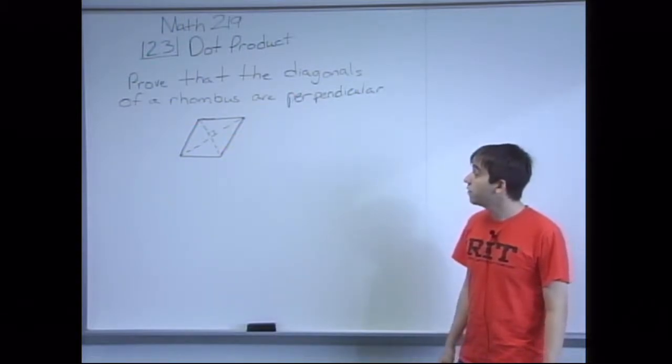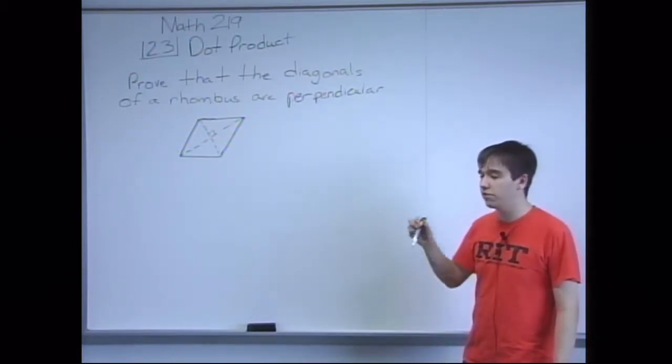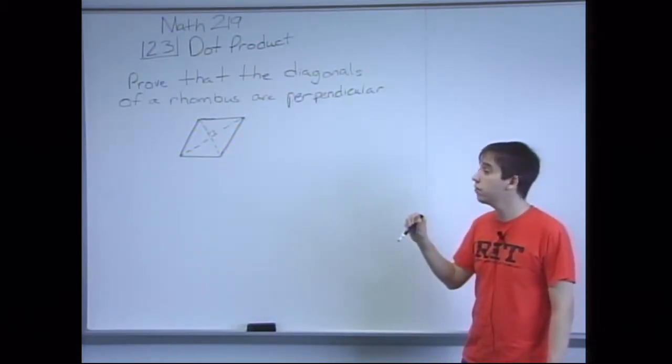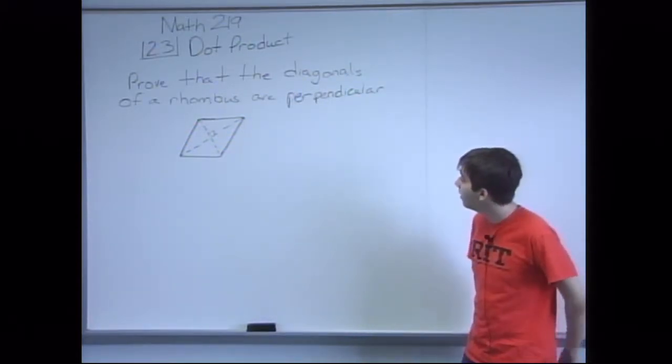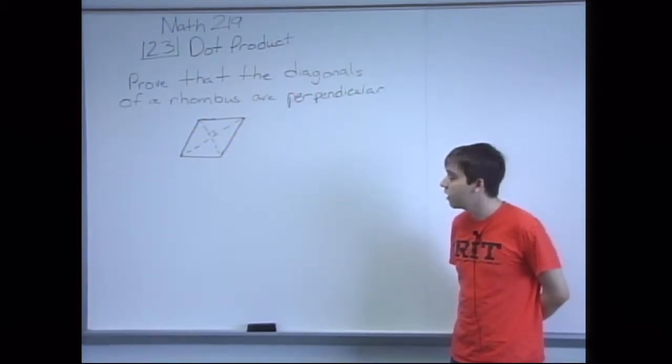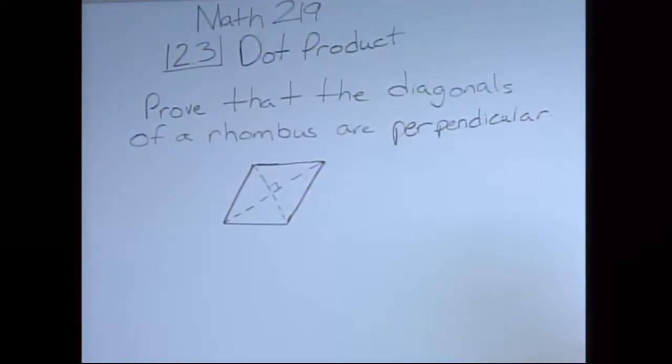What we're going to do is prove that the diagonals of the rhombus, which are the lines connecting the opposite corners of the rhombus, are perpendicular to each other. At this time, if you want to give the problem a shot, feel free to pause this video and give it a shot.